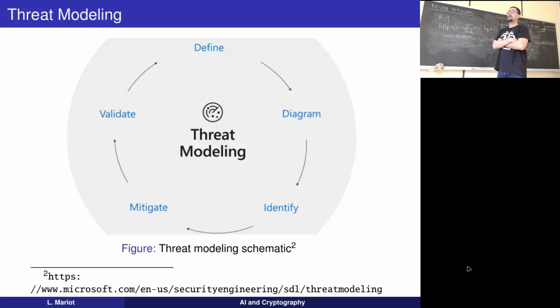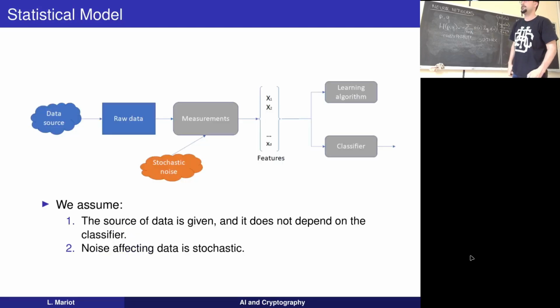And then you come up with mitigation countermeasures and you validate them over the system. After that, you go back to the beginning, because of course an adversary in the real world is an adaptive adversary. So it will adapt to a particular countermeasure that you are applying in order to protect your system. And then from there you need to redefine, or refine, your threat model.